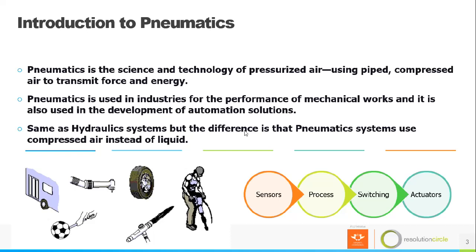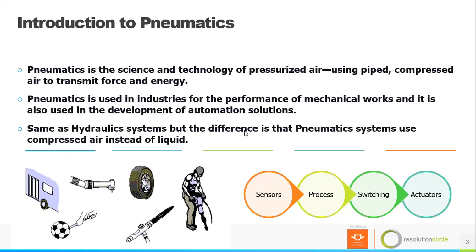Remember guys, energy cannot be created or destroyed, but it moves from one form to another. So for us to have mechanical movement or mechanical motion, we use compressed air.